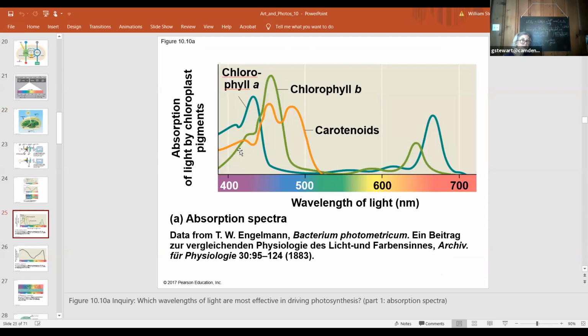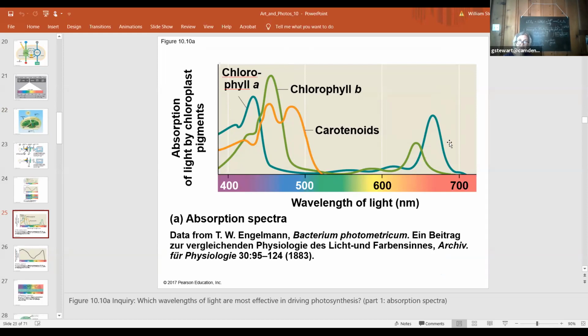The absorption spectra for most plant cells, for most organisms that use chlorophyll A and B, this is the spectrum of what colors are absorbed. And you can see clearly here, chlorophyll A is this blue-green peak, and you can see that it does most of its absorbing of energy here in like the purple-blue area.